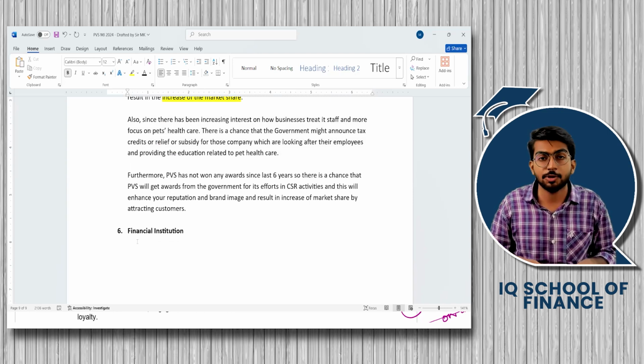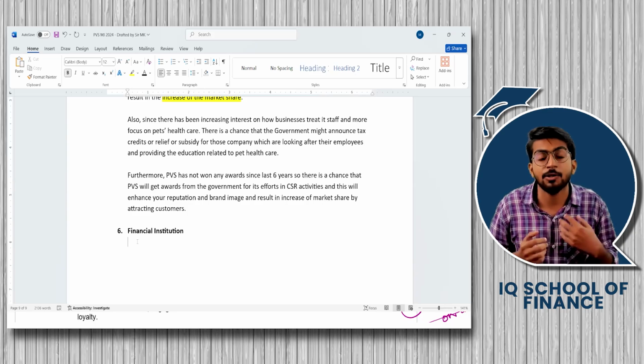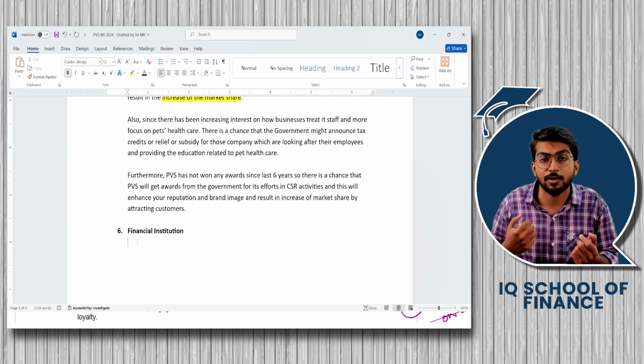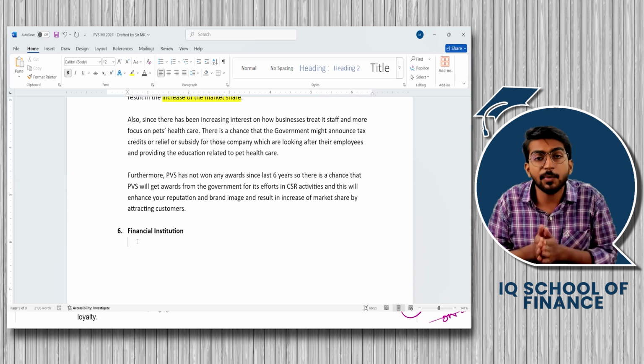So for the financial institution, again we would start with why the bank would give us loans at a reduced or subsidized rate. If the banks present themselves as caring about society, the well-being of employees or pet health care, and that is their objective as well, and we are doing the same thing, they will support us.